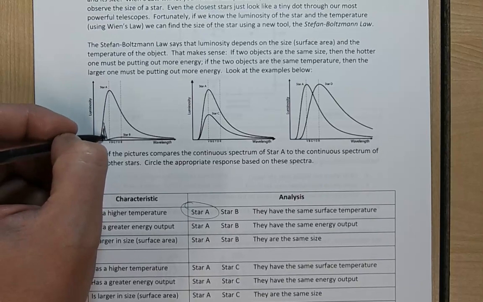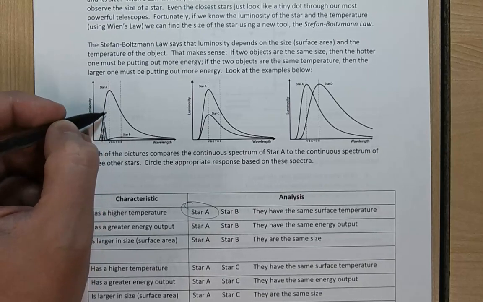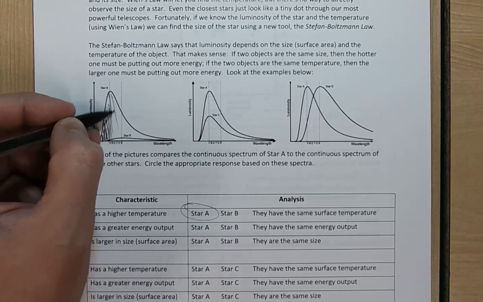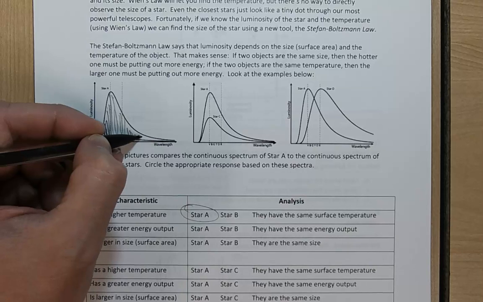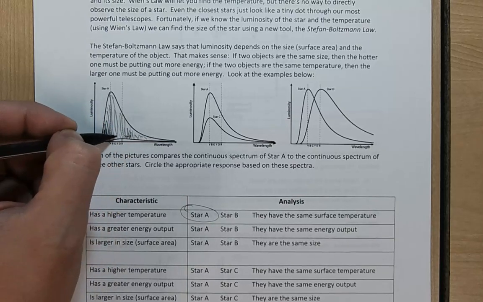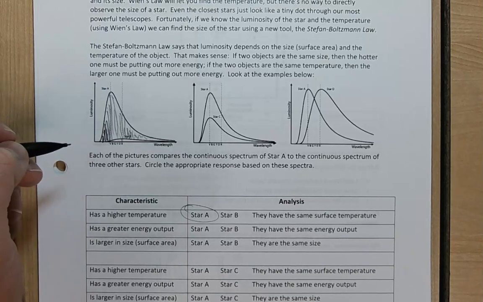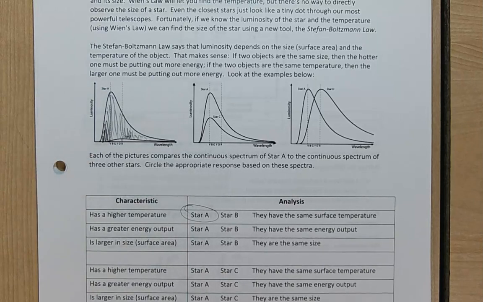Here's how much energy it gives off at this wavelength. Here's how much it gives off at this wavelength. So if we add up the energy that it gives off at all wavelengths, in other words, take the area under this curve, we will have calculated the total energy output, or the total luminosity of the star.